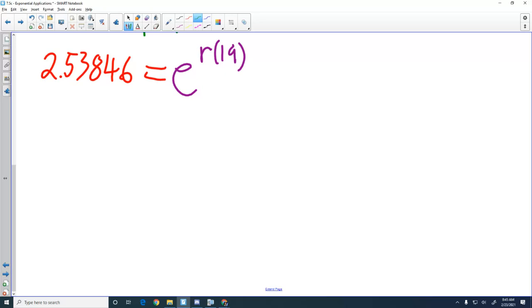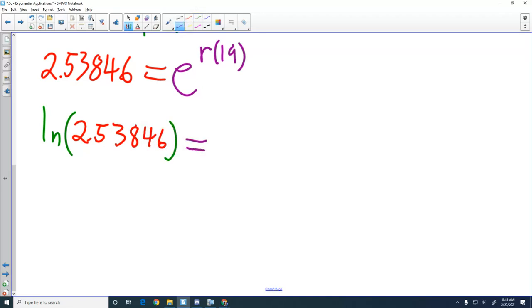The base is e, so that's going to be a natural log. ln 2.53846. Logs equal exponents. The exponent was r times 19, the rate times the time. So then to get the r by itself, we would just divide by 19.